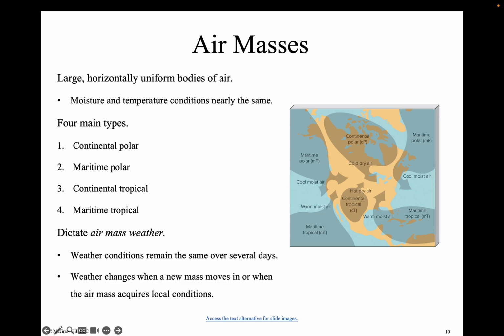All right, so of course we're in the U.S. and taking the U.S. as an example, but these air masses also exist throughout the globe, and it's very much influenced by what's beneath those air masses.